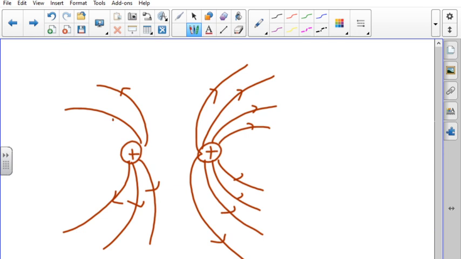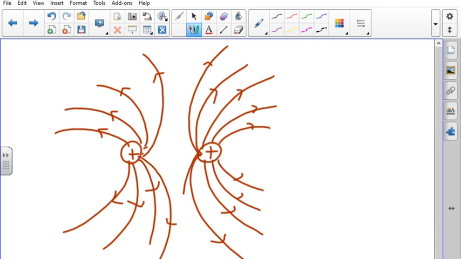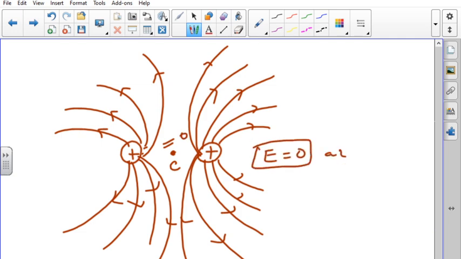And you may also observe that for a positive charge I always draw electric field lines directed outward. But there is a point C where the resultant electric field due to these charges is 0. Here E is equal to 0 at point C.